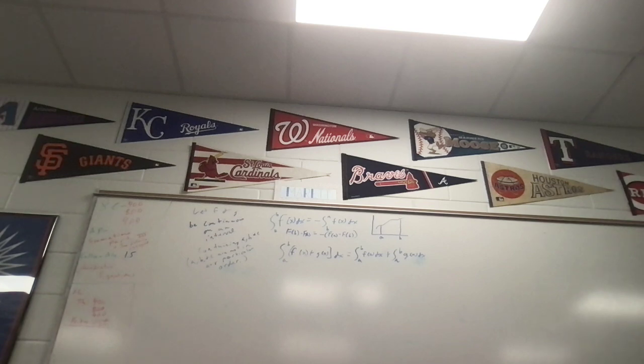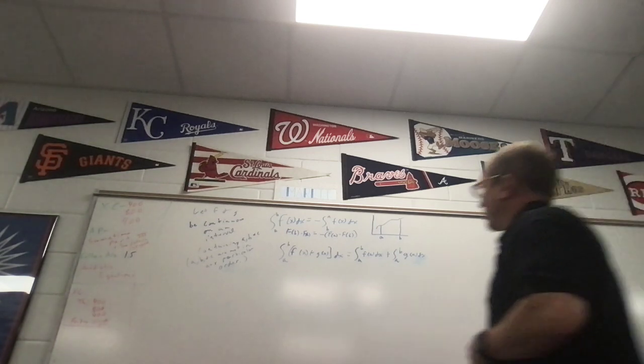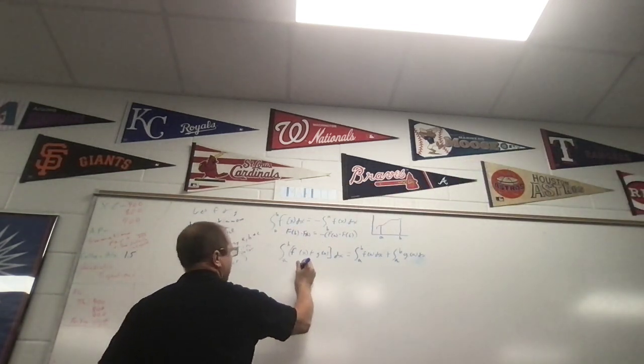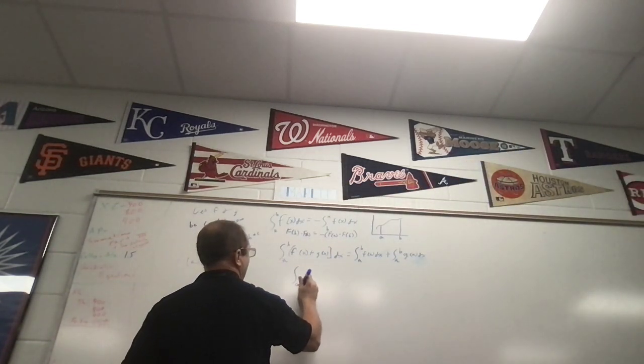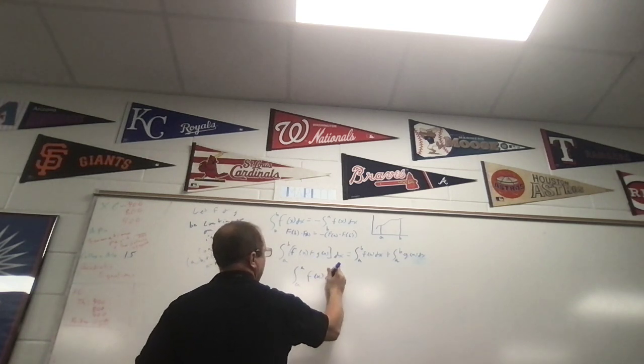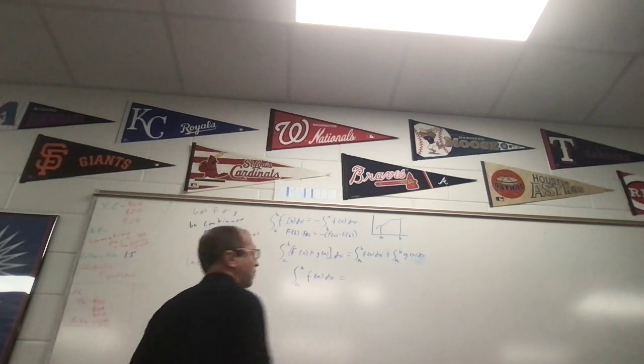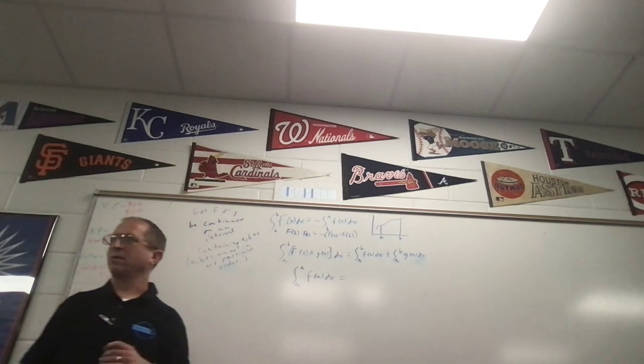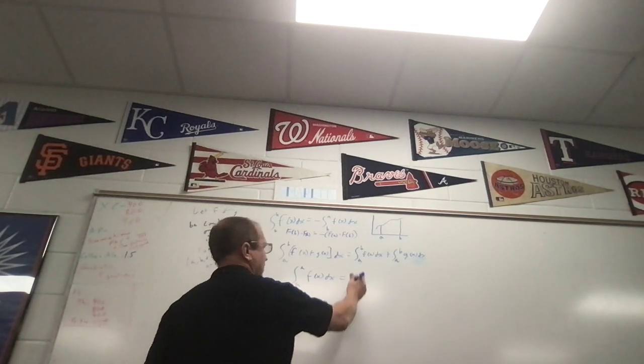Now, another one that can come in handy from time to time is that if you have the integral from a to a of f of x dx, what do you think that would be? Zero, yeah. There is no area there, right?